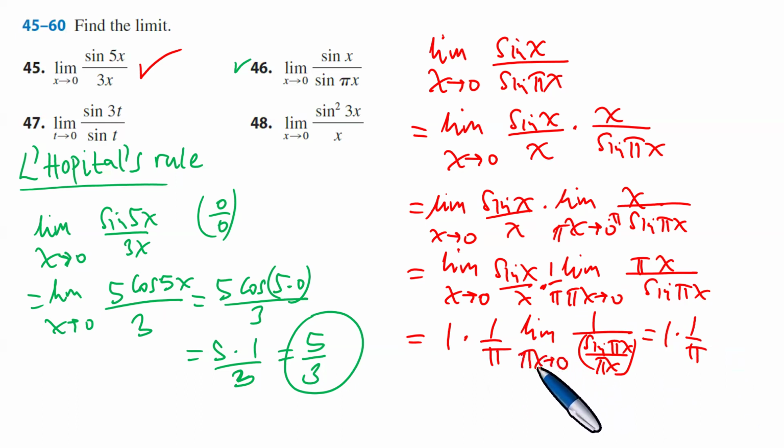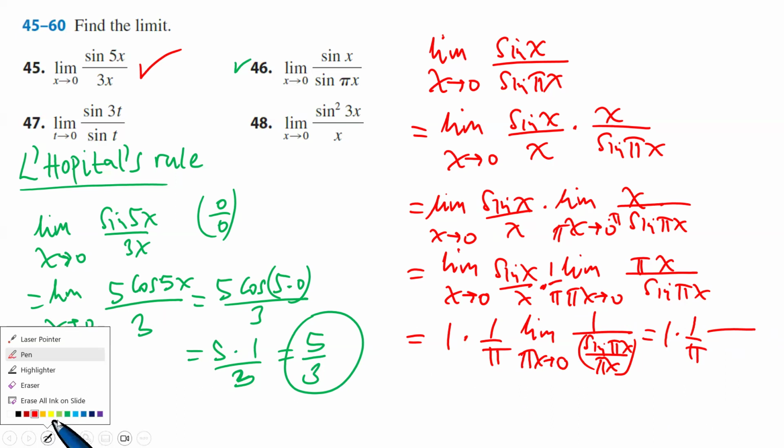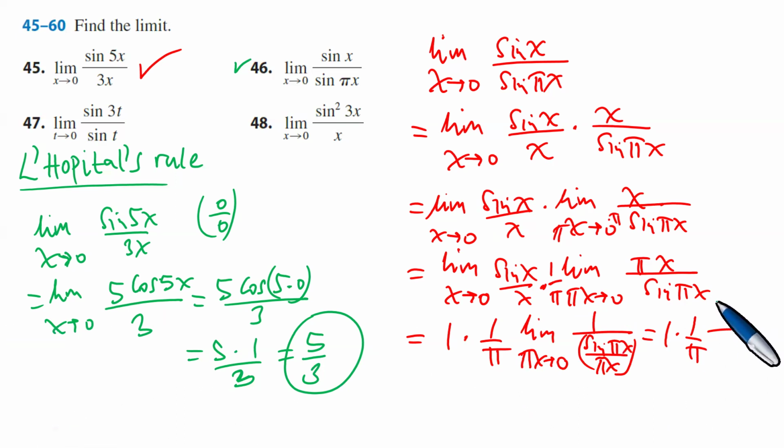As this approaches 0, you can still write it as 1 divided by the limit. You can just take the limit of the top and the bottom if it is necessary. Let's just put some green color to spice it up a little bit.